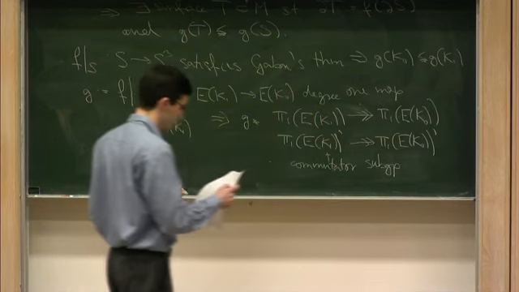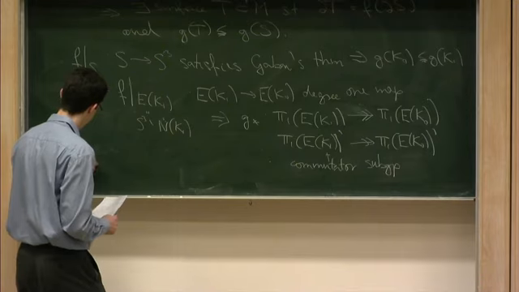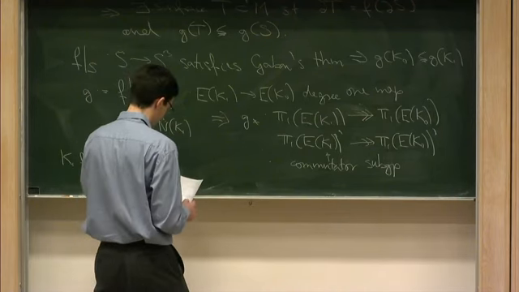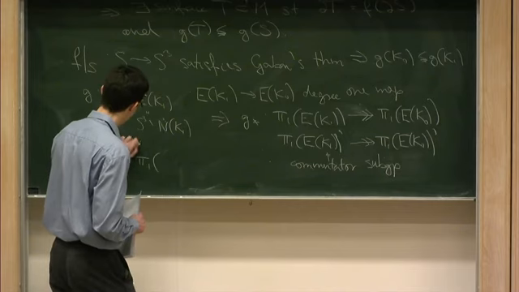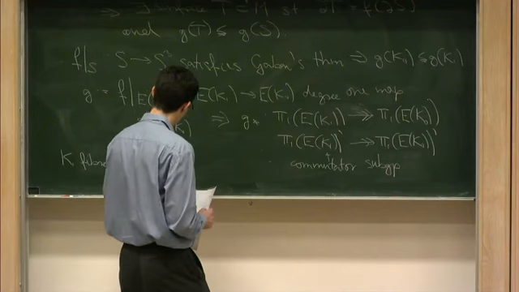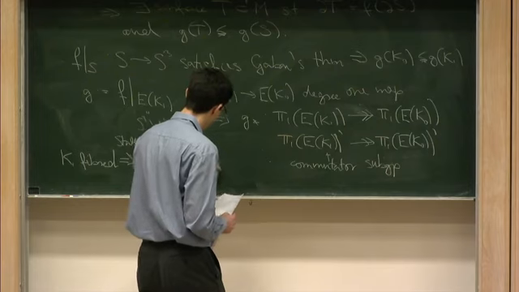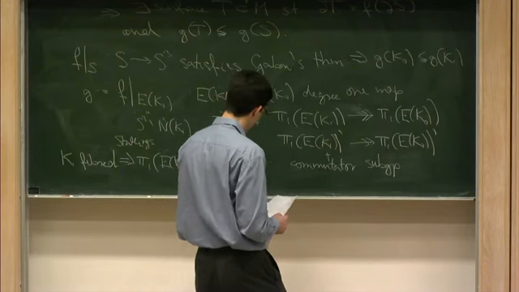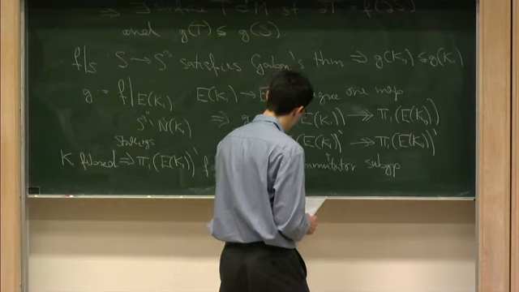And then if K1 is fibered, we know by a theorem of Stallings that the commutator subgroup of the group of K1 is finitely generated, and so pi1 of the exterior of K0, the commutator subgroup, is also finitely generated.